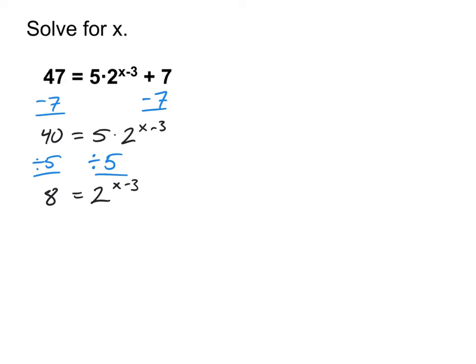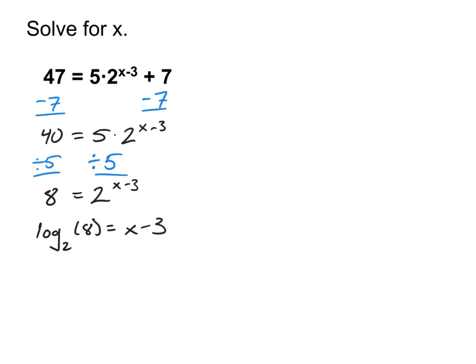All right, we've successfully isolated the exponential part of our equation. That means I can now turn it into a logarithm. And so we now go to log base 2 of 8 equals x minus 3. And again, we could use the change of base formula to calculate log base 2 of 8, but I hope that you actually see how you don't even need to, because this is a very common value, one you might already have memorized.